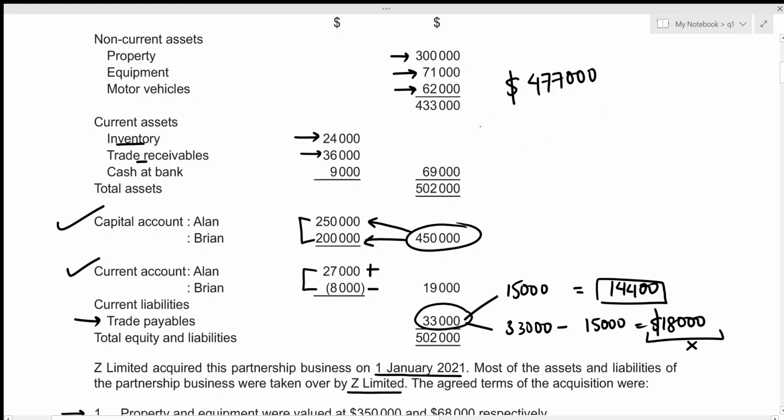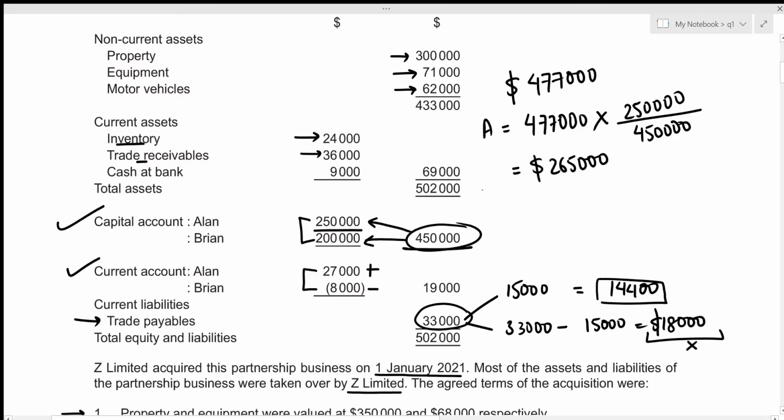Let's figure it out. For Alan, he's going to get 477,000 times 250,000 out of 450,000, which is our basis of apportionment. This gives the amount of shares for Alan as 265,000.